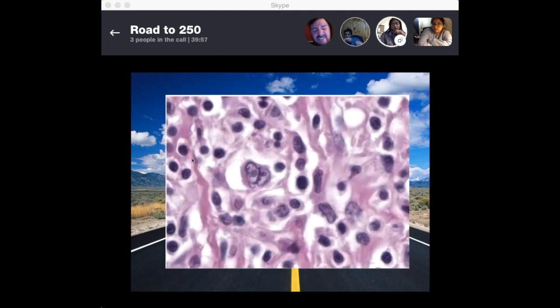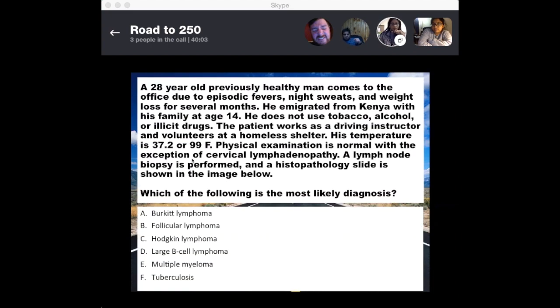The histo slide is supposed to indicate just Reed-Sternberg cells and not a starry sky appearance. And he has the cervical lymphadenopathy, but pretty much that's what gives off why it's Hodgkin's and not Burkitt's. Make sense?